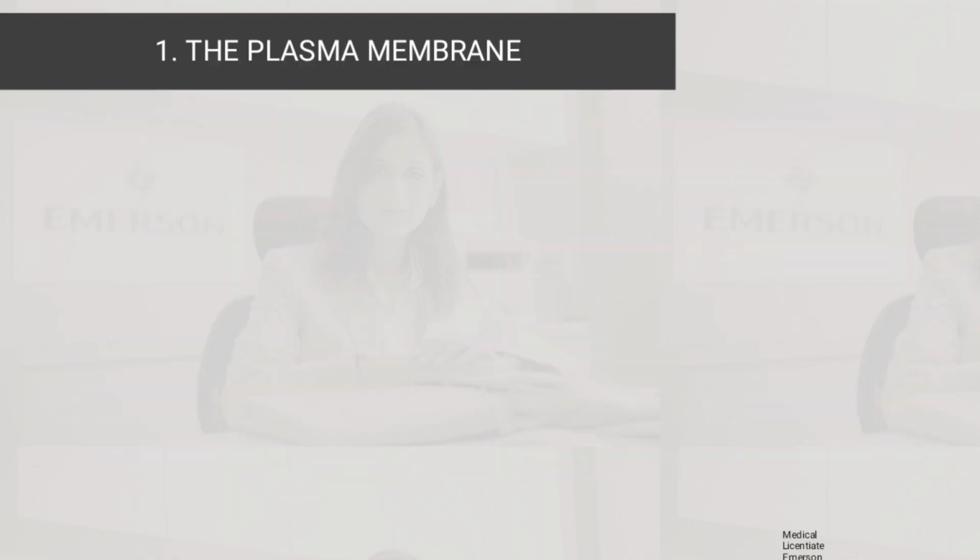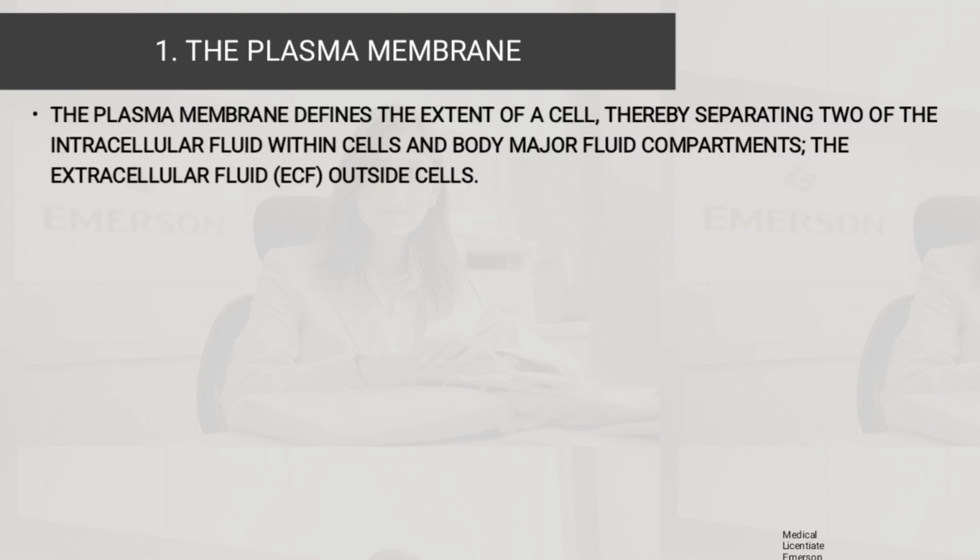Then the plasma membrane defines the extent of a cell, thereby separating two of the body's major fluid compartments: the intracellular fluid within cells and the extracellular fluid outside cells.